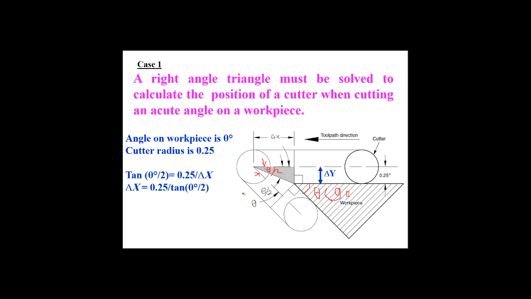And we know that this opposite side, which is dy, equals the cutter radius, assuming the cutter diameter is 0.5, so the cutter radius will be 0.25.